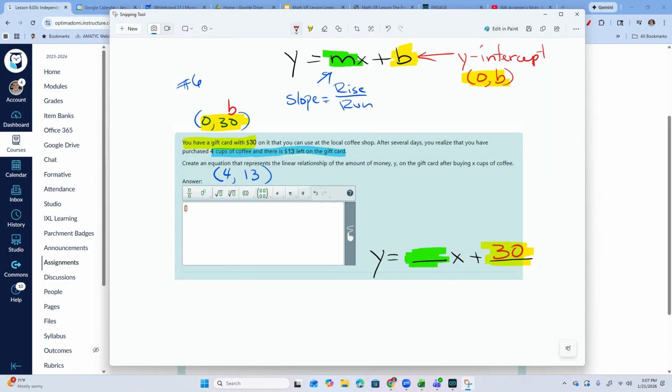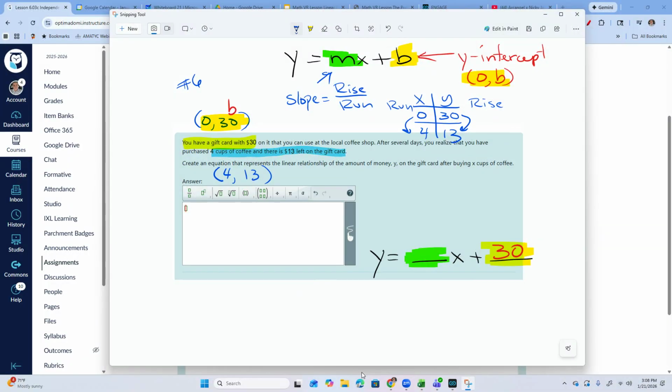How do we find the slope? We're going to do a little table here, x and y, and I'm going to have 2 rows. My first point is 0, comma 30. And my second point is 4, comma 13. And to find the rise, subtract the y's. And to find the run, you're going to subtract the x's.